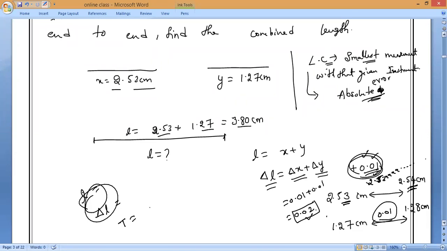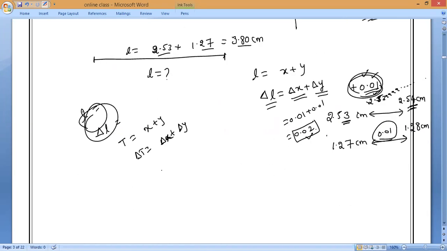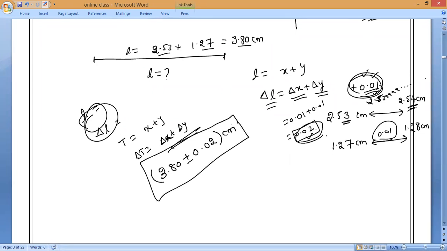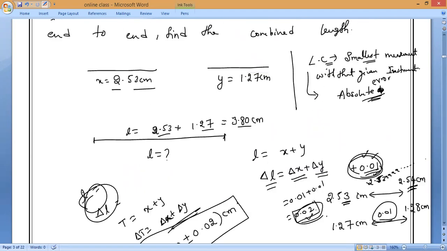So t is equal to x plus y, and delta t is equal to delta x plus delta y. So if I add the total, we have 3.80 plus or minus the error, 0.02 centimeters. That is the total length when you combine those two.